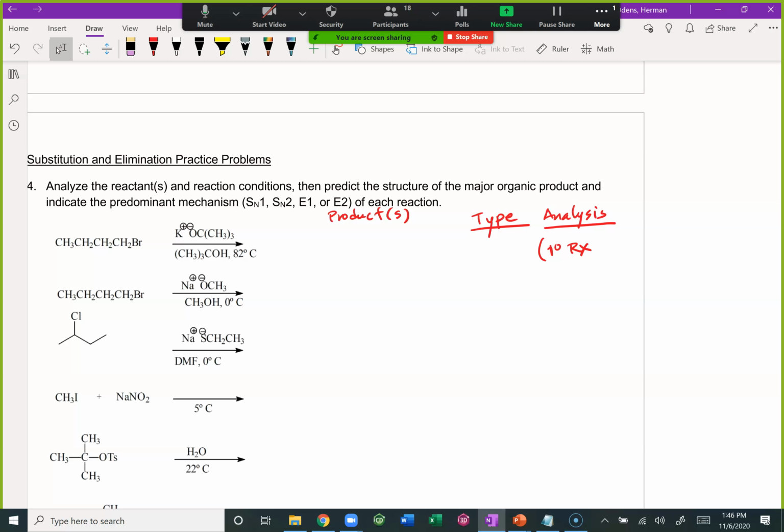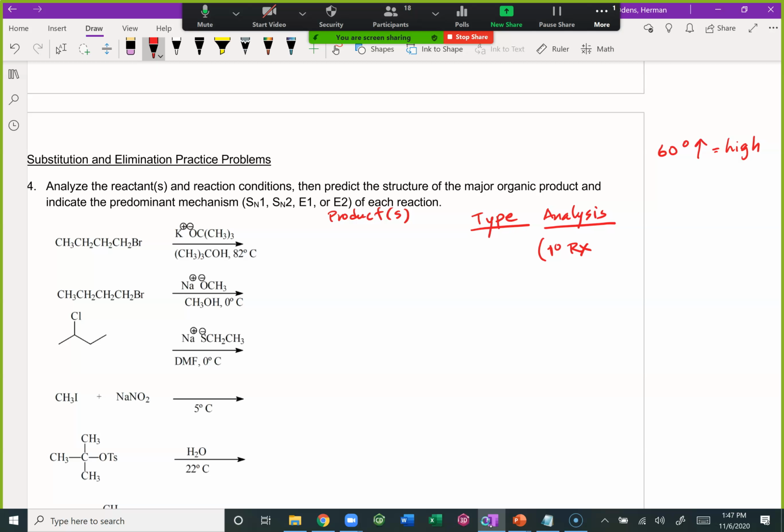So anything above 60 degrees is considered high temperature. If it's 60 degrees and up, it's considered high. So at 80 or 82 degrees, if you touch the vessel that is heating the reaction, it probably won't burn you, but you will feel it.